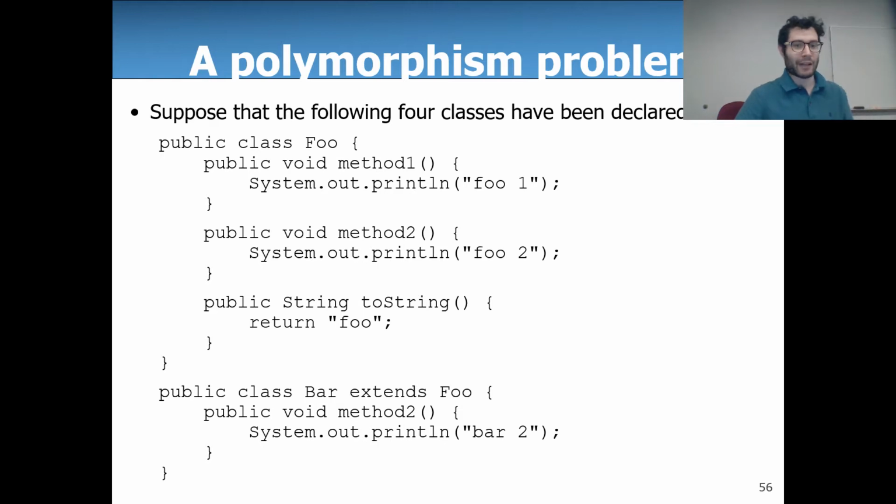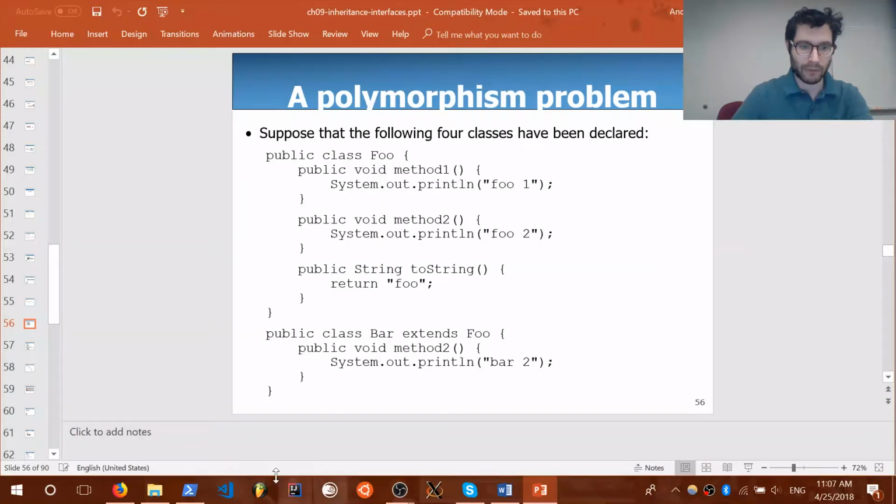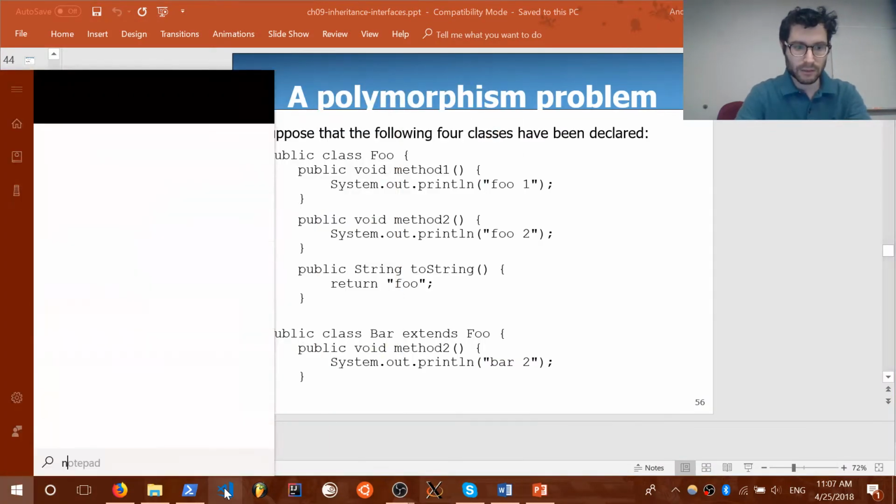And then you might have a class like bar that extends foo. So far, so good there, right? It's a class that extends foo, and it overrides method 2. So if we create a new bar, let me go ahead and pull up a scratch pad here.